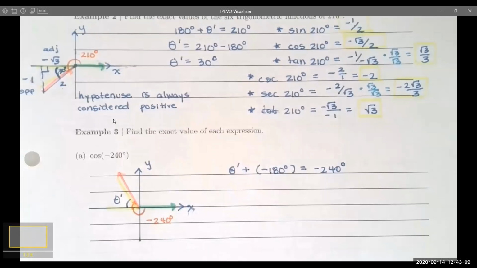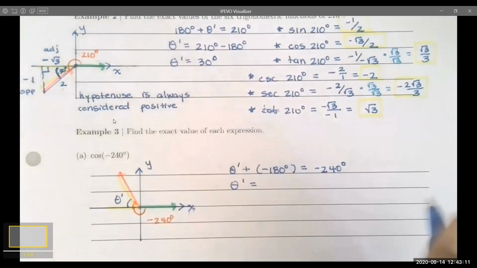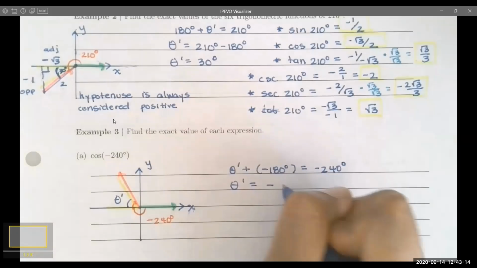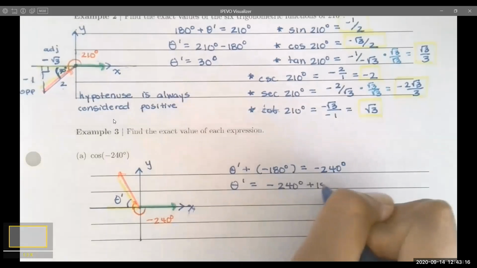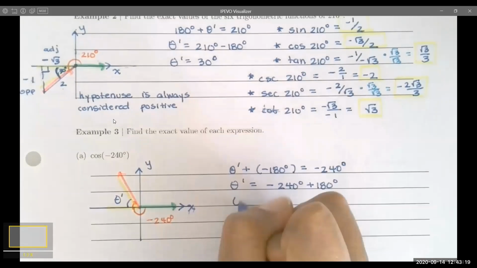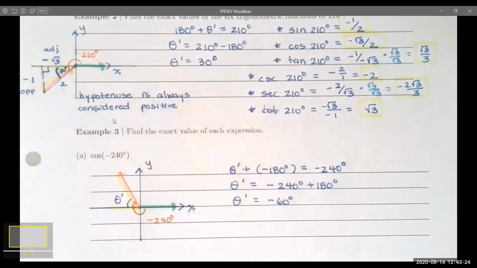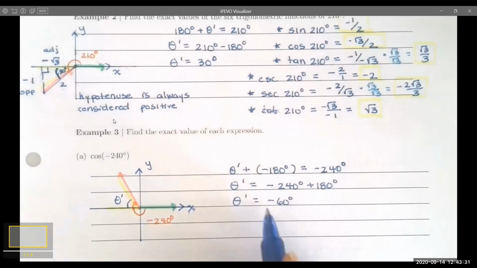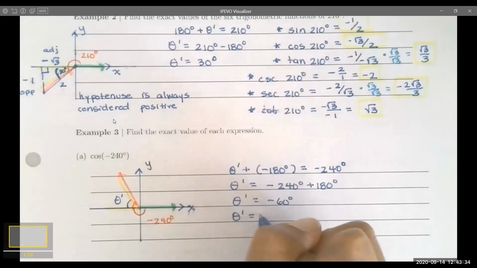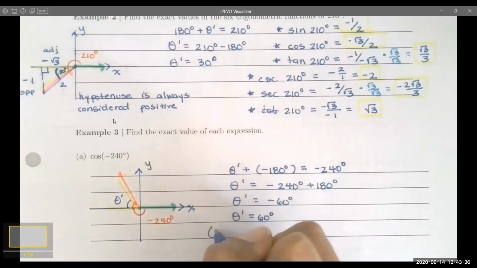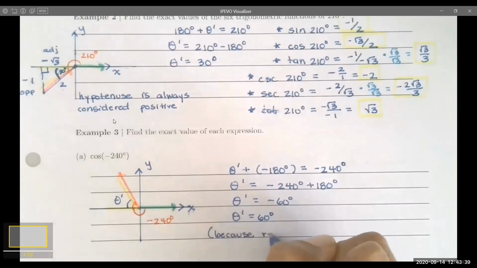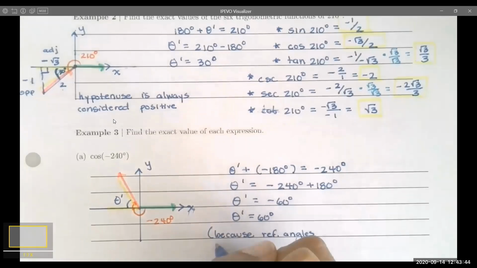Okay, so theta prime, if we add now the 180 to both sides, we'll get negative 240 plus 180, which means that theta prime would be a negative 60. Now the only problem here is that we've defined the reference angle to always be an angle with positive measure. So we're going to drop the negative and simply have 60 degrees. So I'll write that comment here, because reference angles have positive measure.